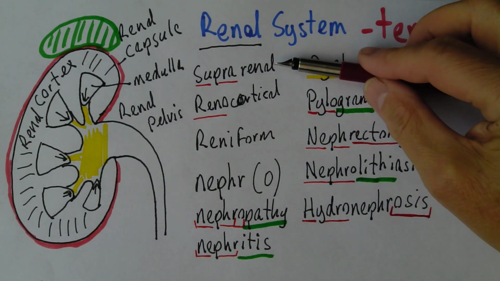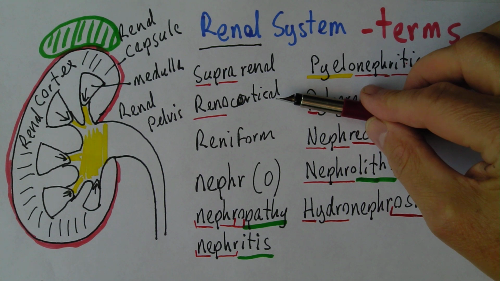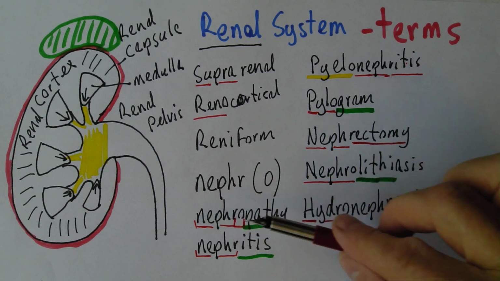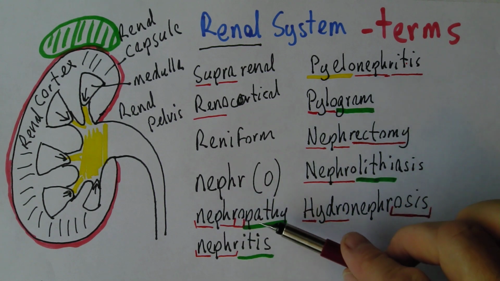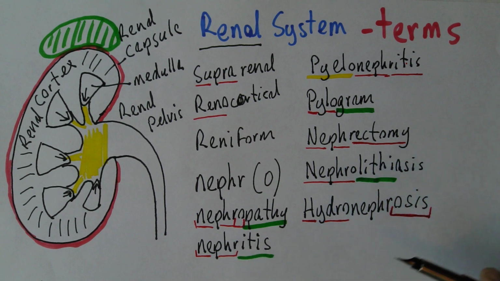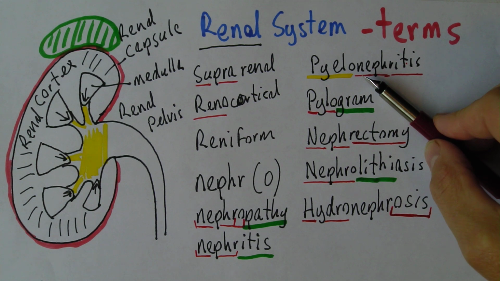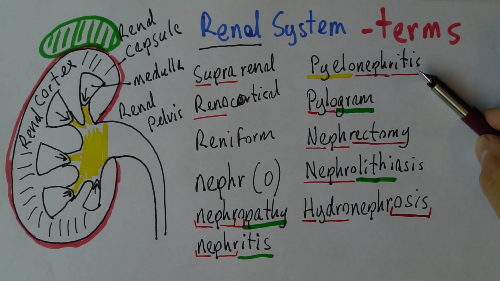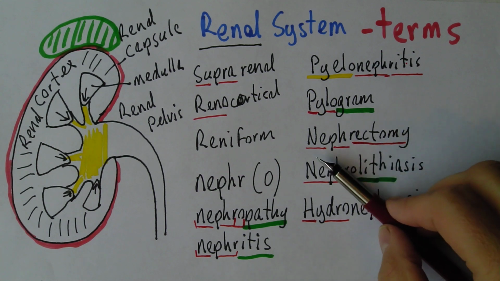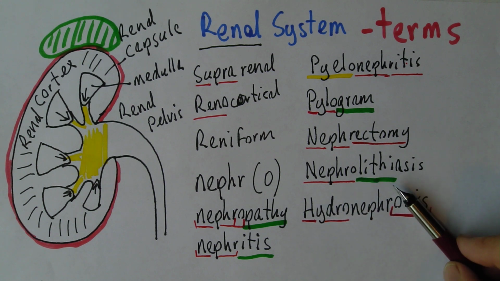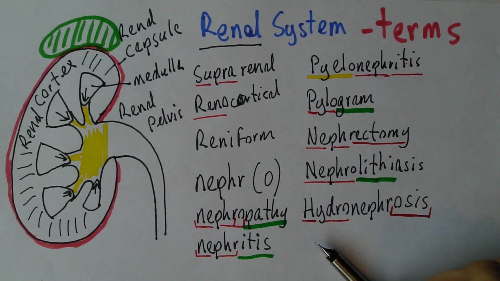So we've got suprarenal above the kidney, renocortical, the renal cortex, reniform kidney shape, nephropathy, disease of the kidney, nephro, kidney, pathy, disease, nephritis, inflammation of the kidney, pyelonephritis, inflammation of the renal pelvis, and the neph, the kidney tissue, inflammation of, pyelogram, visualization of the renal pelvis, ectomy, nephrectomy, removal of the kidney, nephrolithiasis, a condition of stones in the kidney, and hydronephrosis, a condition of water in the kidney.